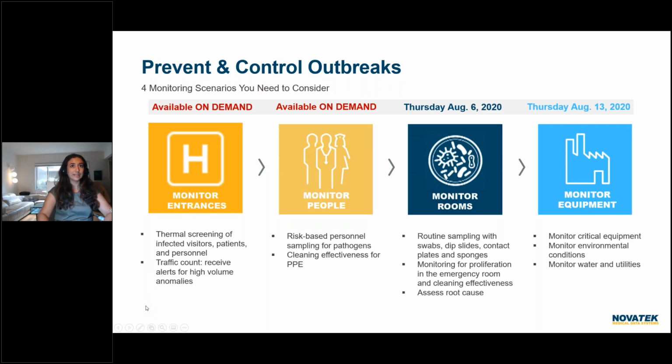The idea here is to maximize and leverage that effort, with an essential system that's controlling that and ensuring that it's done in the high risk areas and done strategically to verify cleaning effectiveness, to verify training, to verify changes in procedures, and ensure those are put in place in such a way that outbreaks are controlled. And then we will look at a case where there's proliferation in a common area.